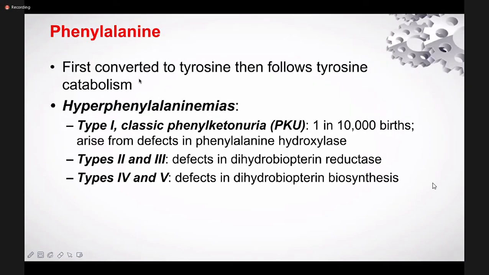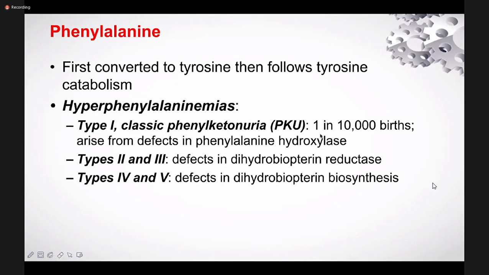From tyrosine, we go to phenylalanine. Phenylalanine is first converted to tyrosine. As you can see in the previous slide, it then follows tyrosine catabolism. There are also problems in phenylalanine catabolism, and this becomes hyperphenylalaninemia. We have type 1, type 2, type 3, type 4, and type 5.